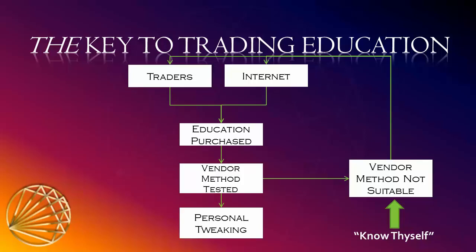Rather than blindly purchasing that course on an impulse at a seminar, ask others that have bought the same course. Get their opinion. Find out from them. Notice also that the internet marketing budget of the education company is no longer a factor in this flowchart. And some of the most intelligent people that I've ever met that teach and trade are usually low-profile individuals that are not so concerned about making a dollar selling trading education.